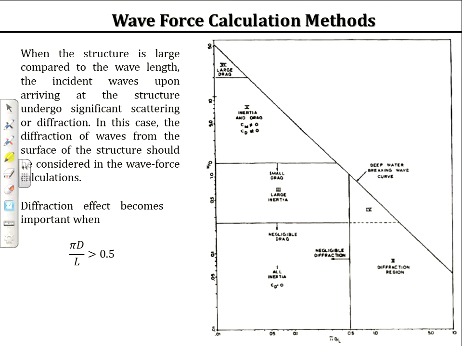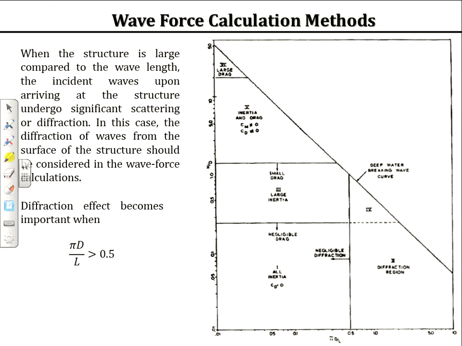Okay. Now I tell you a method. It's easy. Let's define a method like this. We use a criterion, pi D over L. Pi is 3.14.